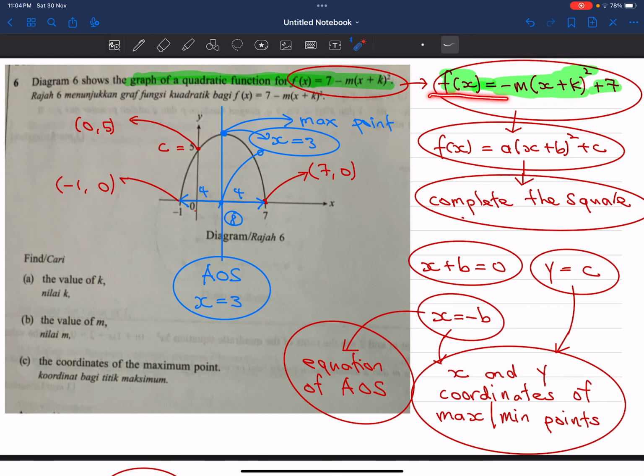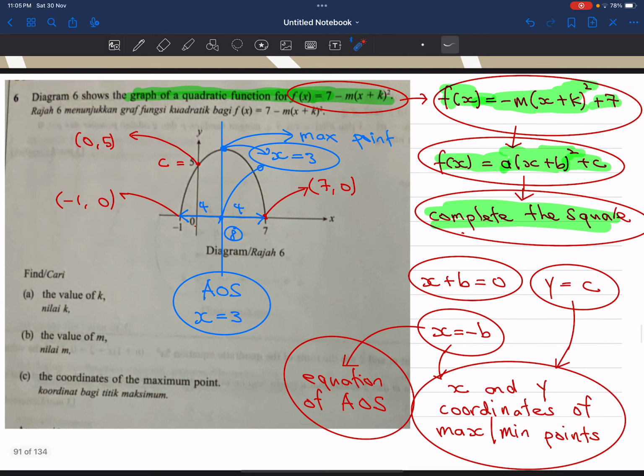Now this given form looks the same as f(x) equals a brackets x plus b squared plus c, which is actually complete the square. So the original given function, with the terms exchanged, is similar to complete the square.